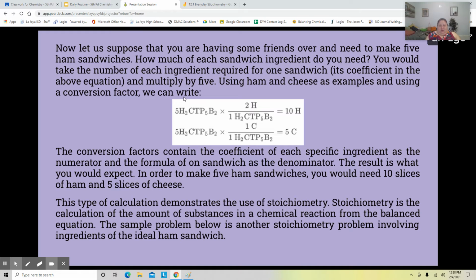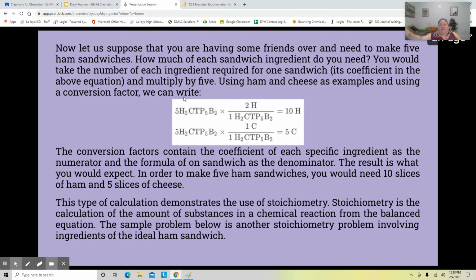All right. So using the ham and cheese example, we can make a conversion factor, right? We can use the equation that they presented at the beginning of the presentation, and we can use that information to write a conversion for each ingredient. But they only did it for ham and cheese. They said if I have 5 sandwiches that Oscar needs to make, and each sandwich needs 2 slices of ham, 1 slice of cheese.